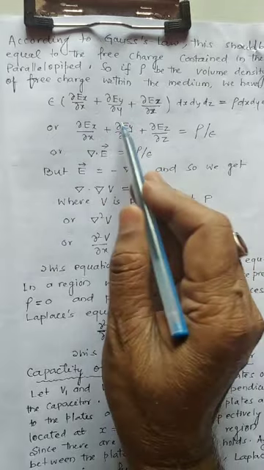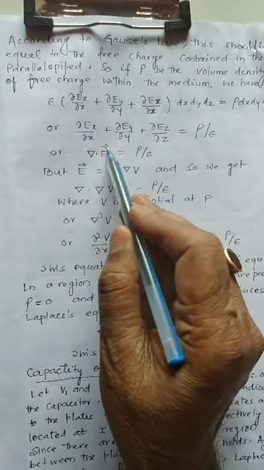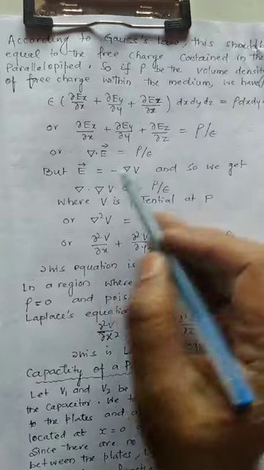And we may write del dot E is equal to rho by epsilon.